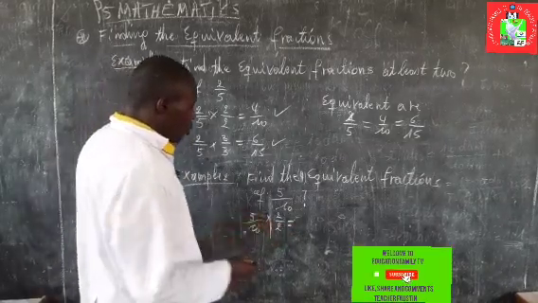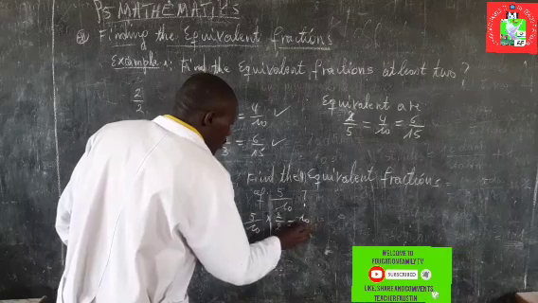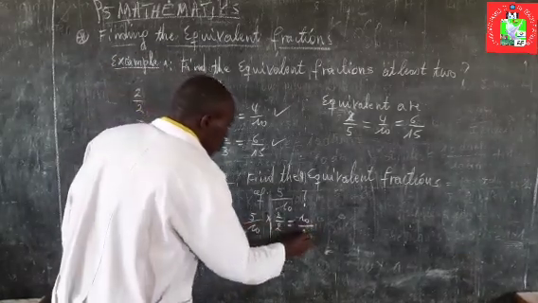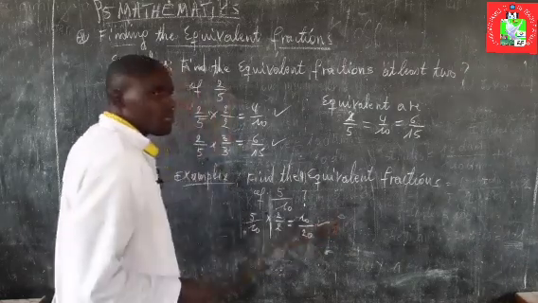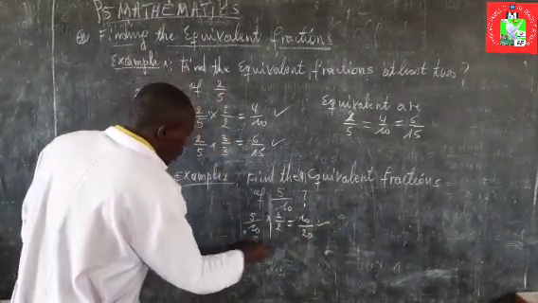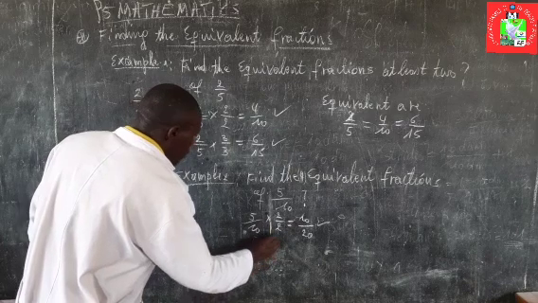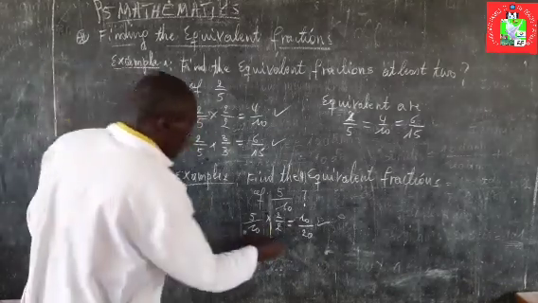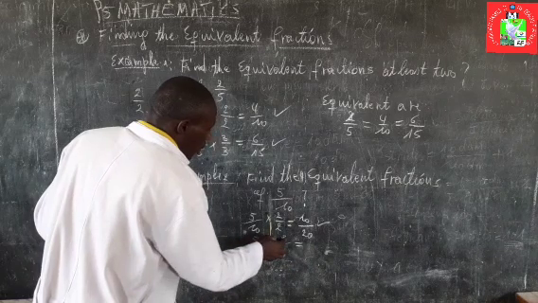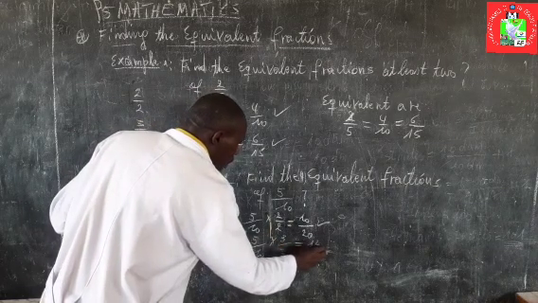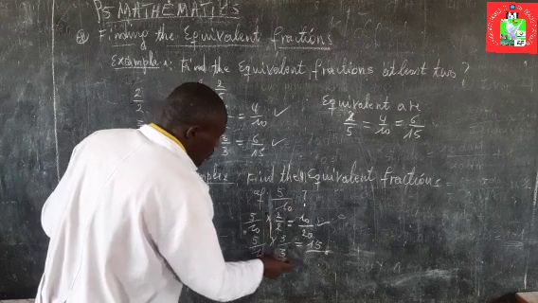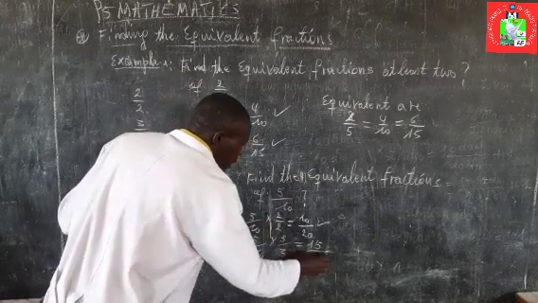5 times 2 is equal to 10. Then 10 times 2 is equal to 20. And also, I take 5 over 10 times 3 over 3. 5 times 3 is equal to 15, and 10 times 3 is equal to 30.